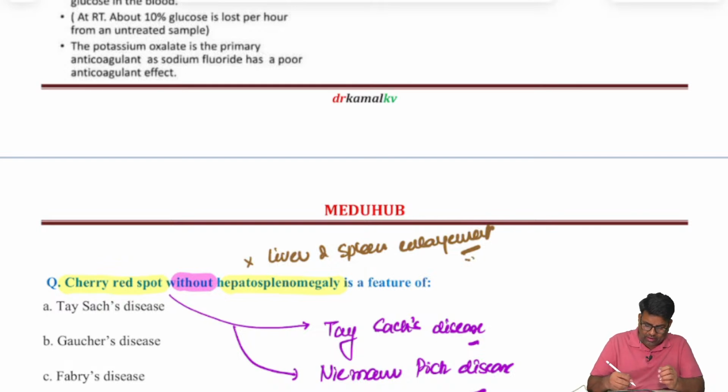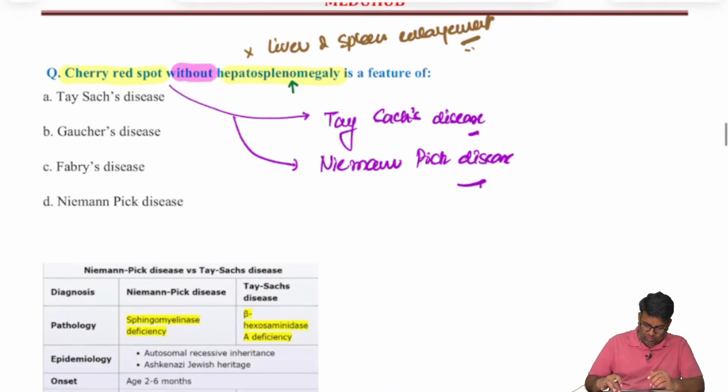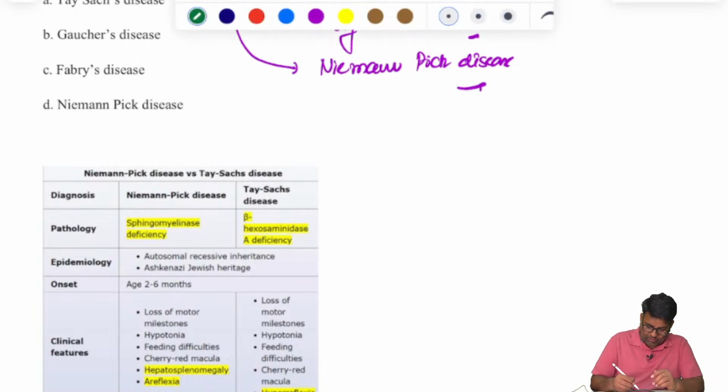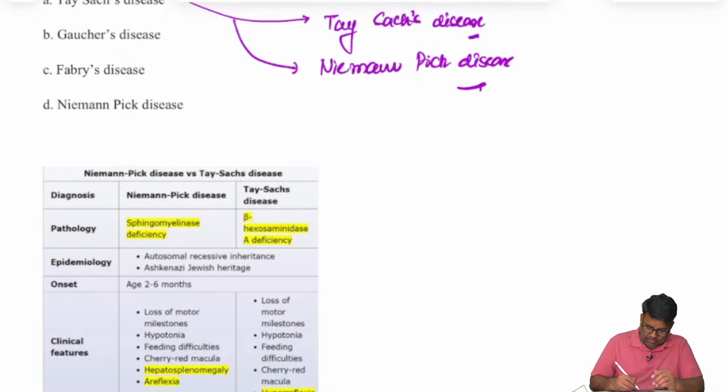Now here, this additional feature will help us get to the answer, whether it is a case of Tay-Sachs or Niemann-Pick's disease. In cases of Niemann-Pick disease, we will get liver and spleen enlargement, right?